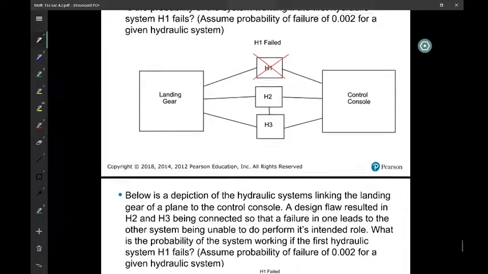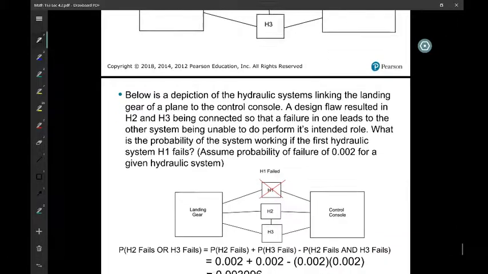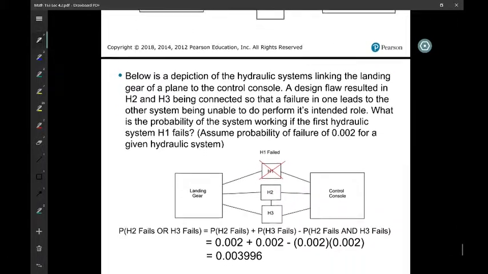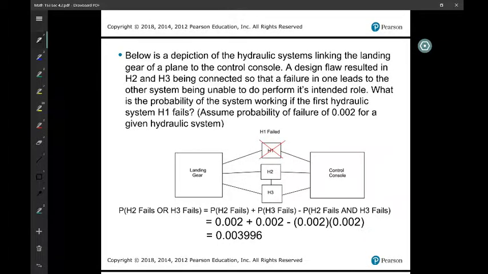So what is the probability of the system working? In this case, now we want to see what is the probability if H2 or H3 fails. So now we're adding up the probabilities, because if one or the other fails, or if both fail, then the hydraulic system for the plane won't be able to function.